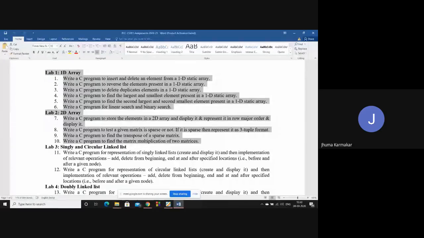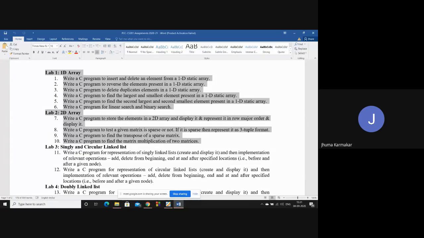And what about binary search? For doing binary search, we need a sorted array and compare the searching element with the mid value of the array.